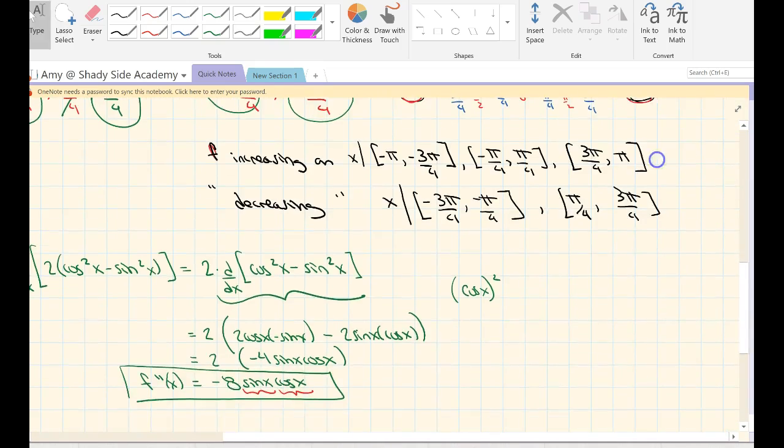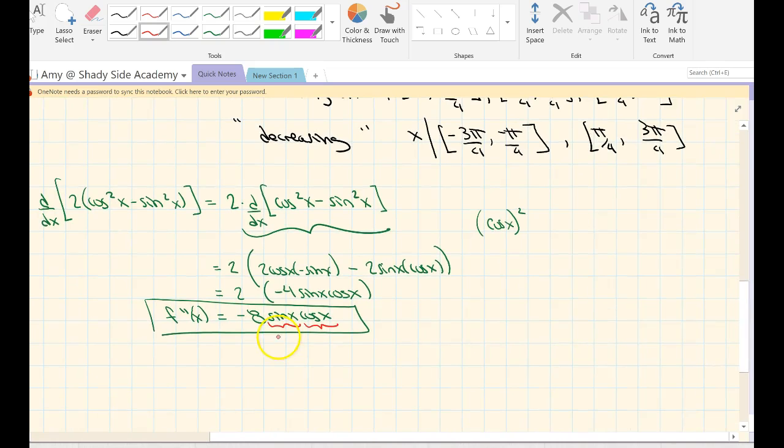So sine x will equal 0 at x equals 0 and x equals pi. Cos x equals 0 at x equals pi over 2. I want to say 3 pi over 2, but 3 pi over 2 is beyond our specified domain. So pi over 2 and negative pi over 2.